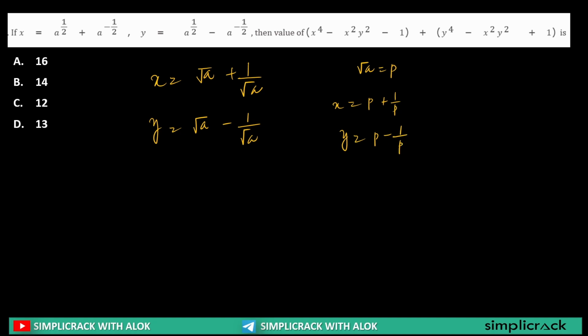Now if I have to solve this equation, it will be x^4 plus y^4 minus 2x^2y^2 minus 1 plus 1 is equal to 0.